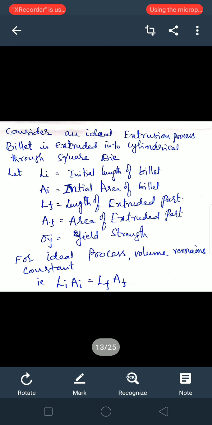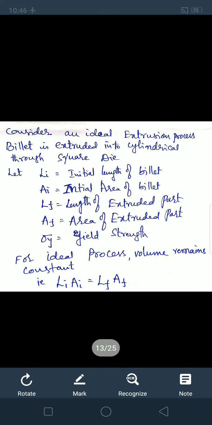So consider an ideal extrusion process. In this, a billet is extruded into a cylindrical rod through a square die. Let Li be the length of the billet, Ai the area of the billet before extrusion, Lf the length of the extruded part, Af the area of the extruded part, and sigma y the yield strength of the billet material.